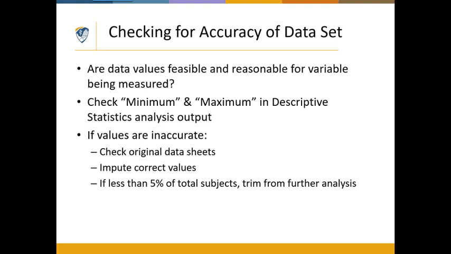Other examples might be, if we're measuring somebody's age in years, and there's an age in there that's 150, we know that that's possible theoretically. We also know that it's not really feasible because we know the oldest measured person alive is about 119 years old.